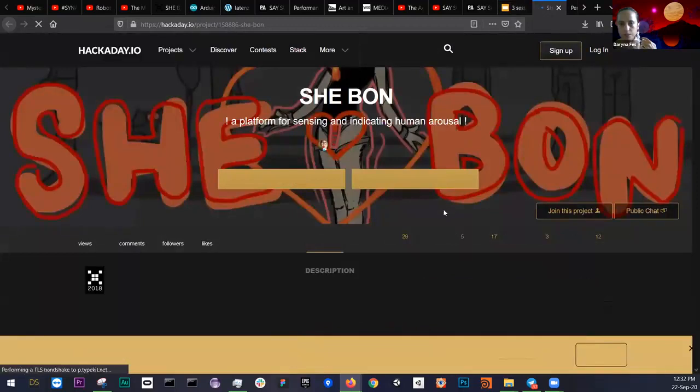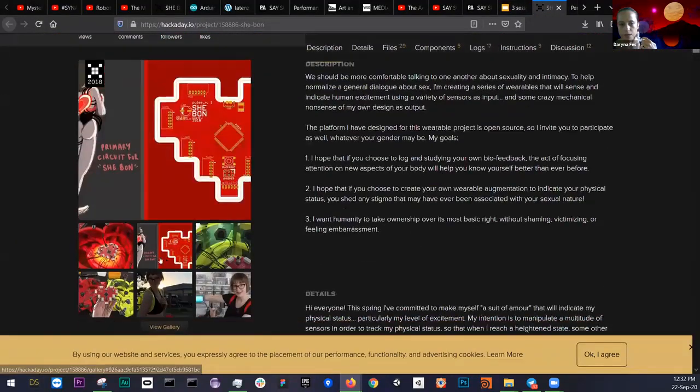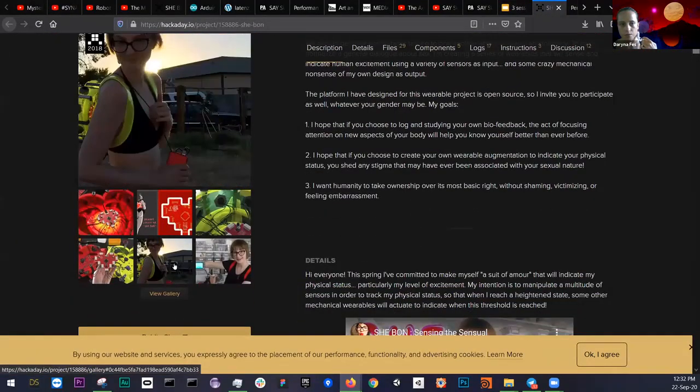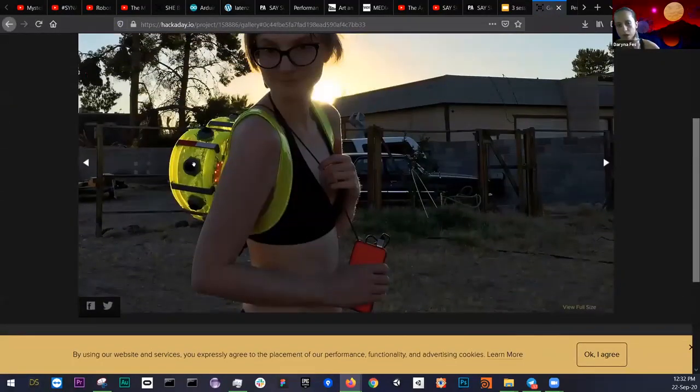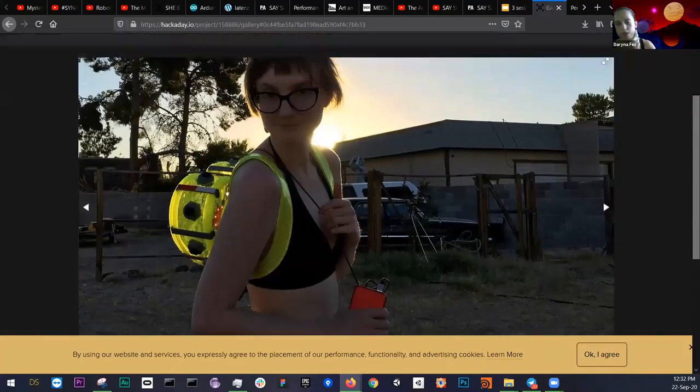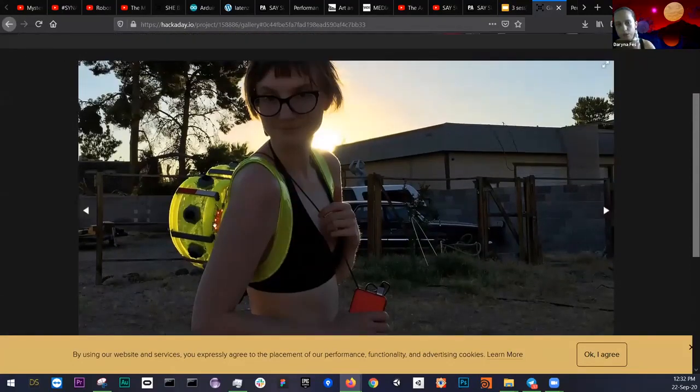She made this backpack. So this is a backpack, and it reads the data from her body with sensors connected to her back.